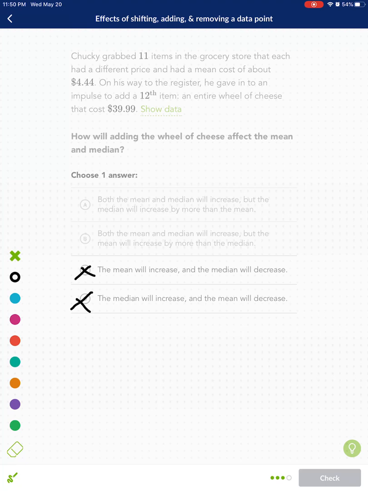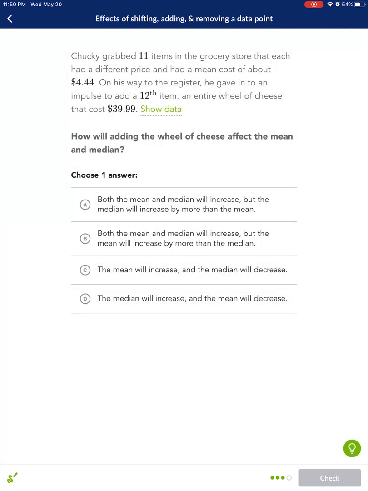Again, the outliers greatly affect the mean. All right, so it is going to be choice B. Betting money on it. Final answer, yep.